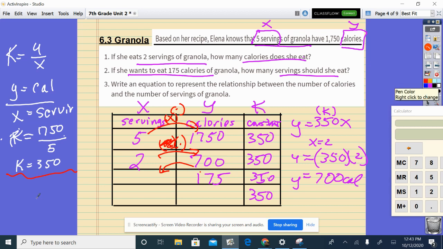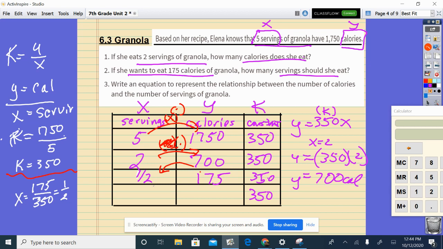X equals Y, the number of calories, over the constant, because that's going to stay the same. So 175 over 350 equals 1/2. So 1/2 a serving is going to give me 175 calories. You may have already seen that, because you may have said, wait a minute, 175 is half of 350, so it must be half a serving.